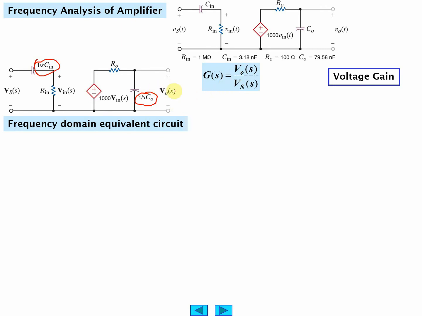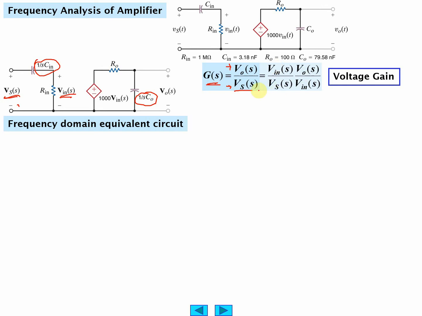the output voltage, the gain, the overall gain is output over input, and we can break that down. So we can get this output divided by this input, the source. S stands for the source input.